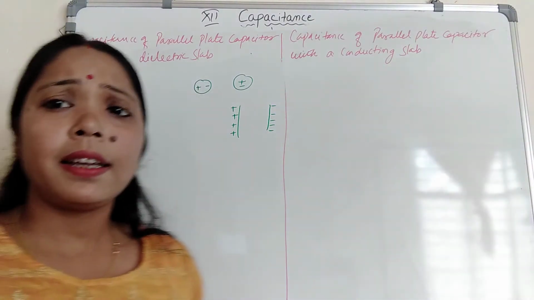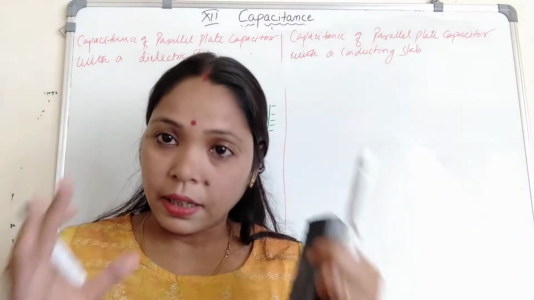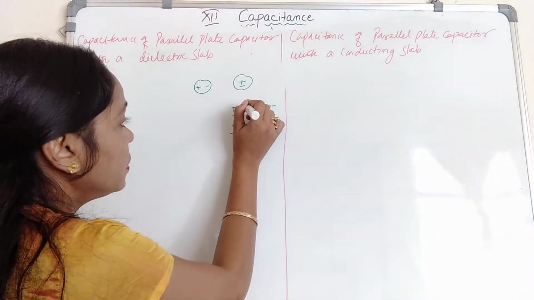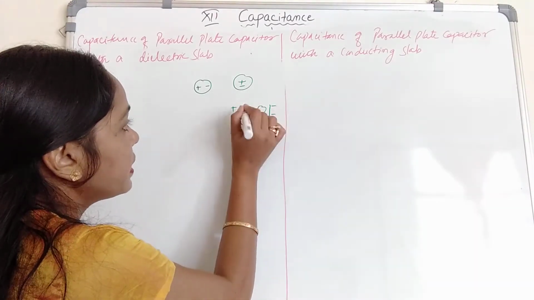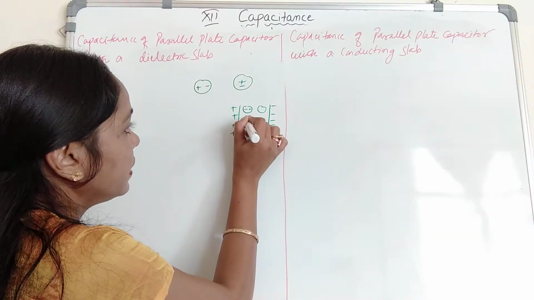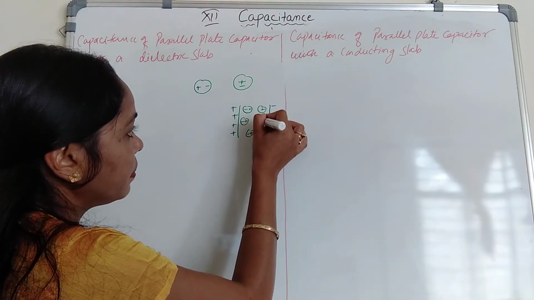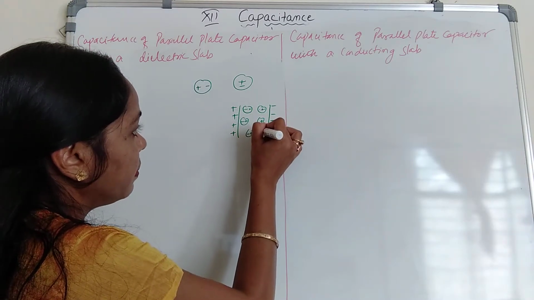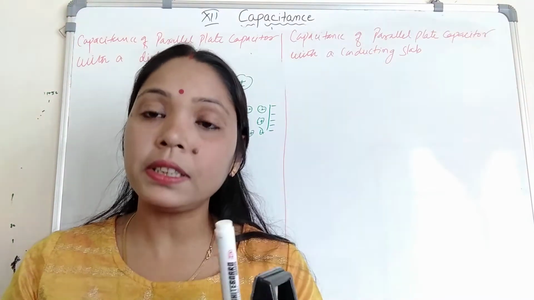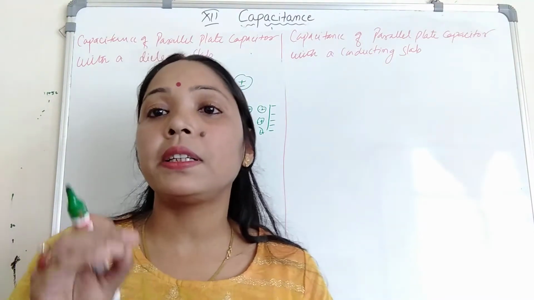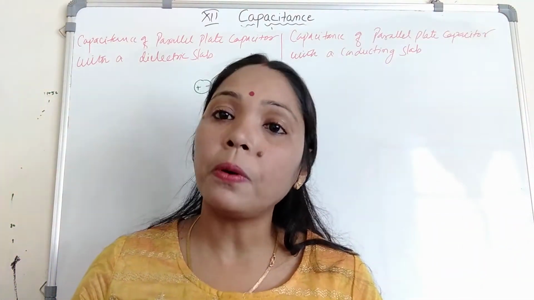Now if you have a parallel plate capacitor and you insert these non-polar molecules into the electric field, then as soon as you insert them, their positive and negative charges will separate. The negative will come here, positive here, and near the negative plate it will be positive, and on the further surface it will be positive. So non-polar molecules become polarized whenever we insert them in an electric field, and that is called polarization.